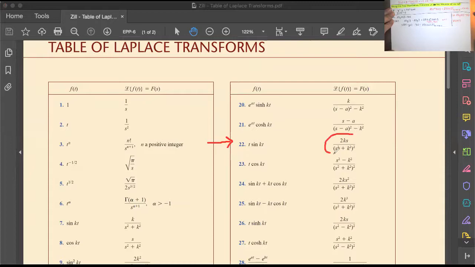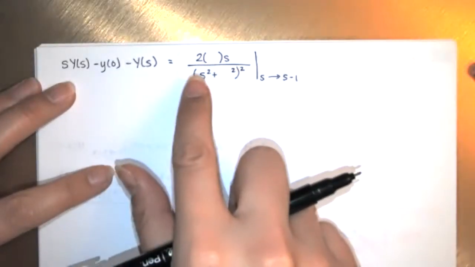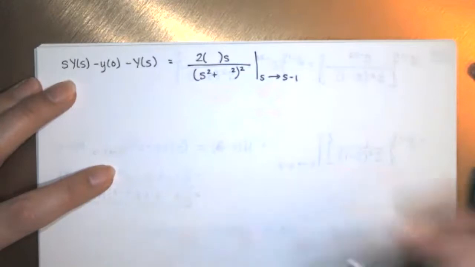So according to this, the Laplace transform of t times sine of kt is 2 times k times s over s squared plus k squared quantity squared. So that's what I will apply here. And in our case, k is equal to 1.